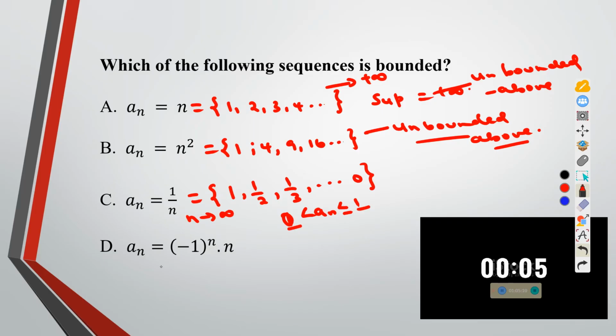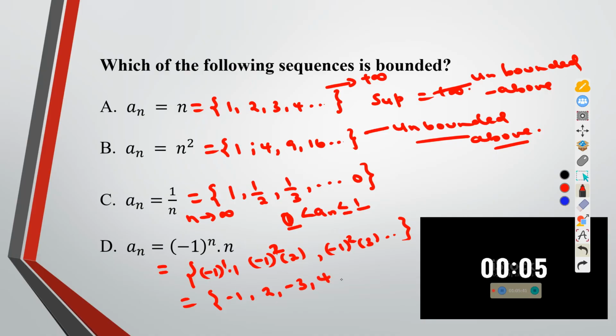So when you look at this one here, let us get the elements of this. So this is (-1) to power 1 times 1, and (-1) to power 1 times 2, (-1) to power 2 times 3, and so on. Okay, so this will give us -1, 2, -3, then 4, and so on.